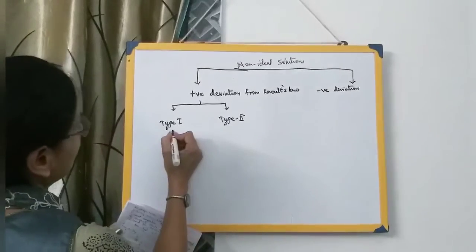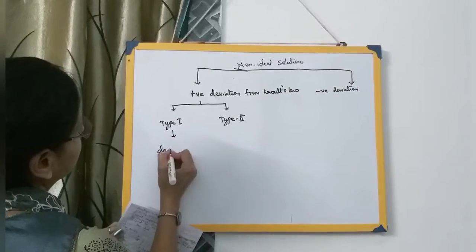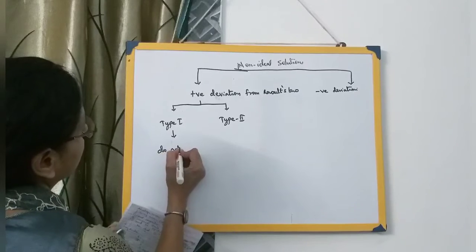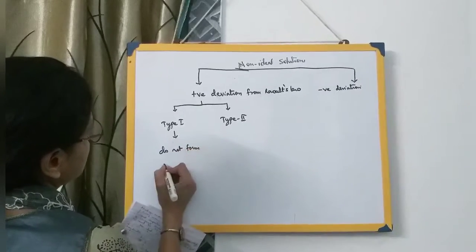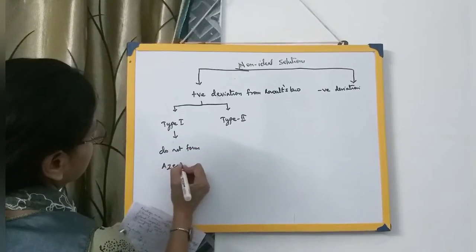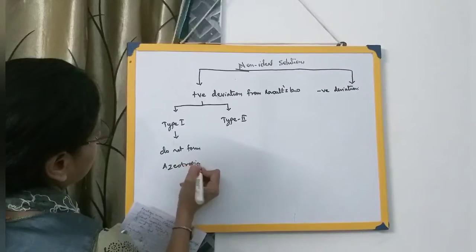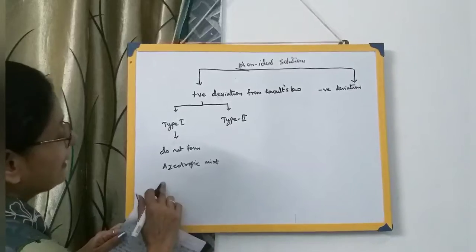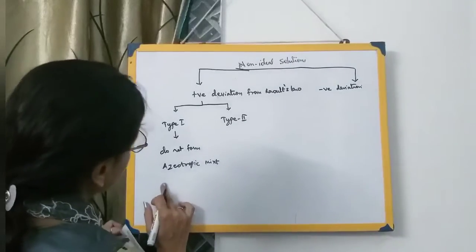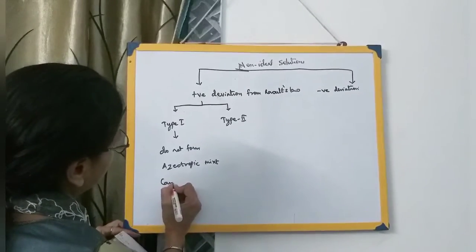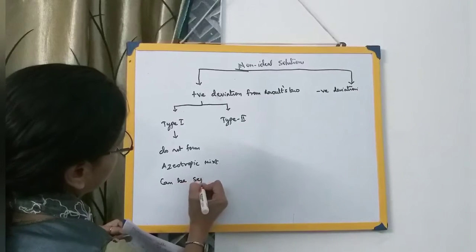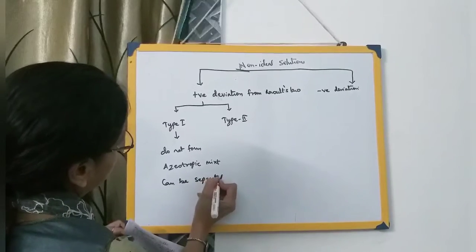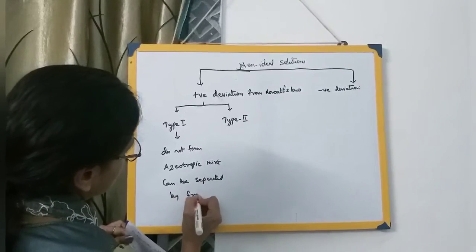Now type 1 solutions do not form azeotropic mixtures. So if they do not form azeotropic mixtures, can they be separated by fractional distillation? Yes, they can be separated by fractional distillation.